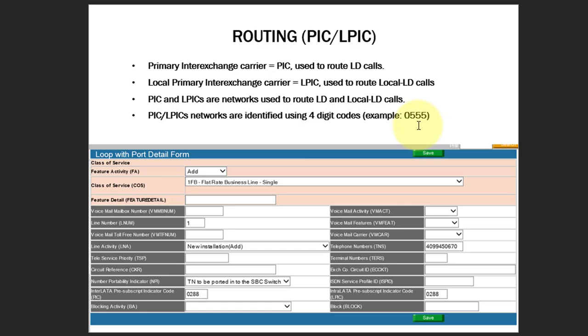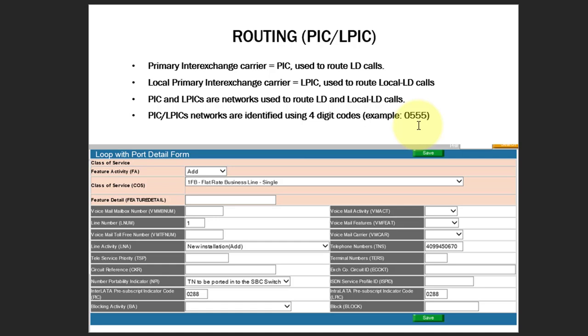But going back to pics, because we only use one long distance service provider, which is Verizon MCI, their pick for long distance is always going to be 0555. So because we use them for long distance services, if a customer has Granite long distance, then that call will be routed over the 0555 pick every single time.